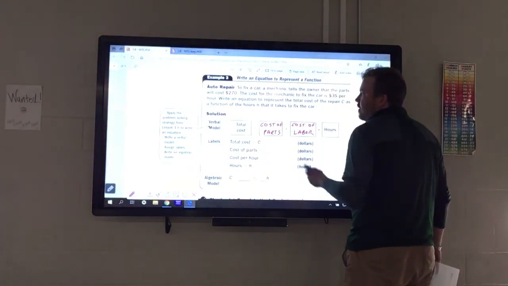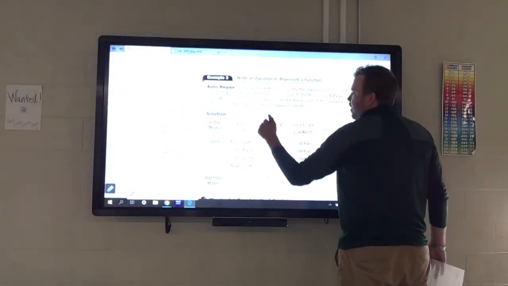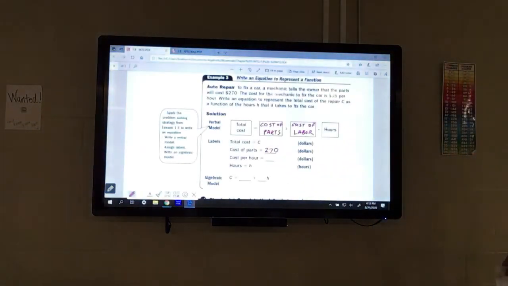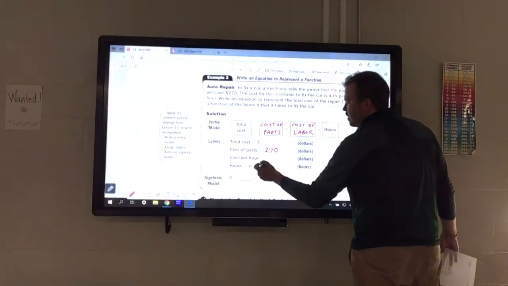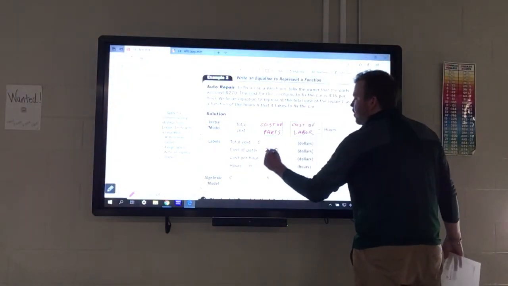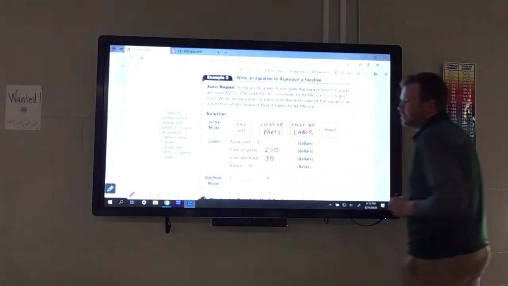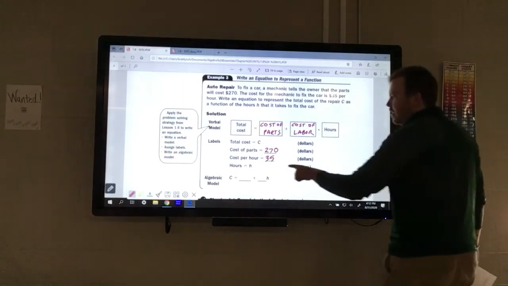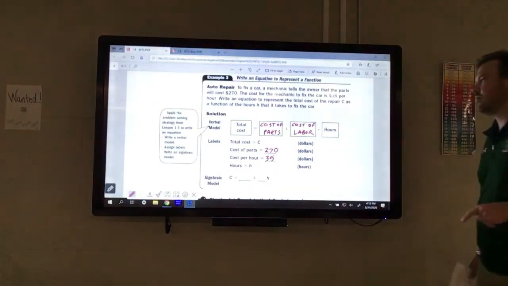We don't need to assign a variable. They told us the cost of the parts was $270. The cost of the labor, the cost per hour, they told us that labor is $35 per hour. And then we don't know how many hours they're going to work on the car, so we'll call that H.